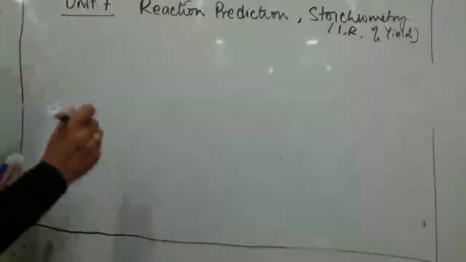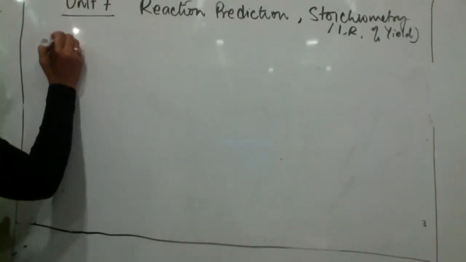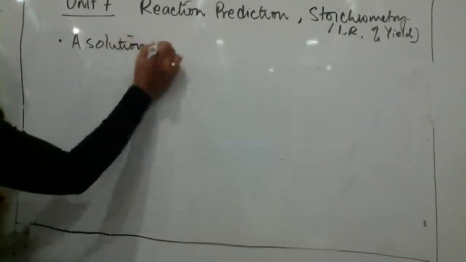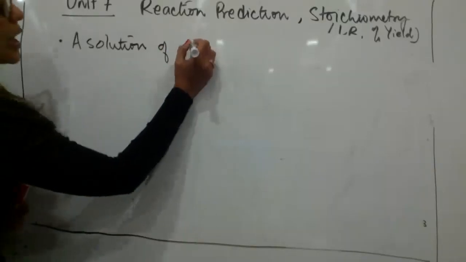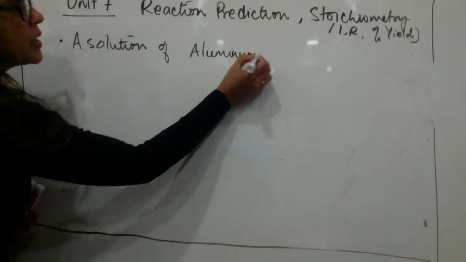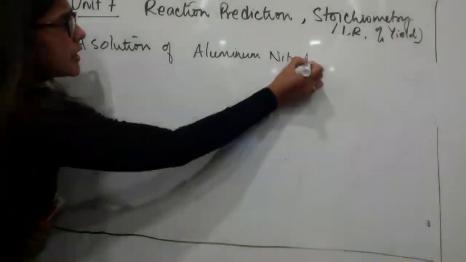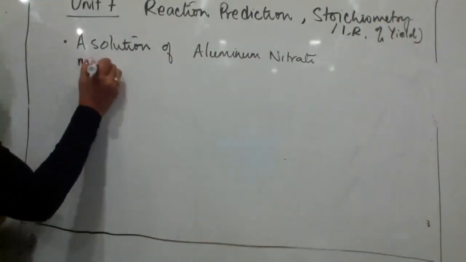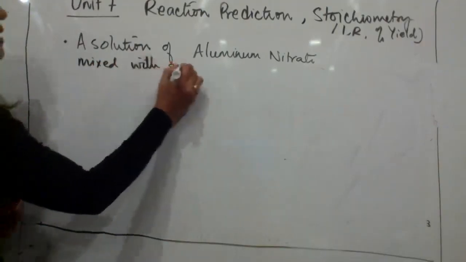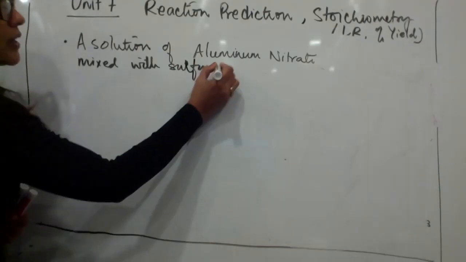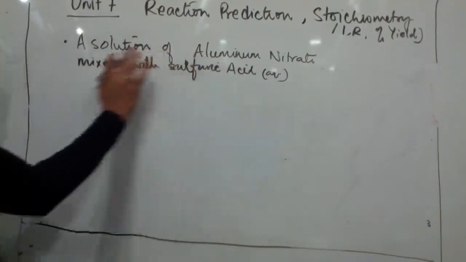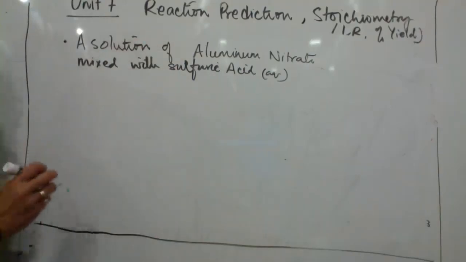So, one problem could be, I'm just making it up on the go, a solution of aluminum nitrate is mixed with sulfuric acid solution. So when they say solution, you know it dissolves, right?